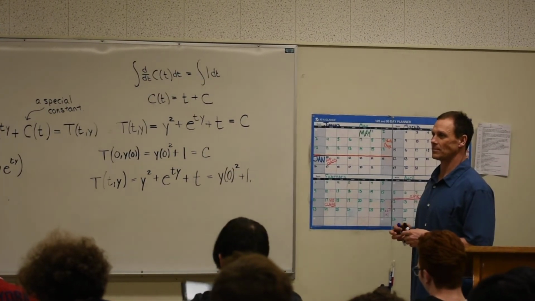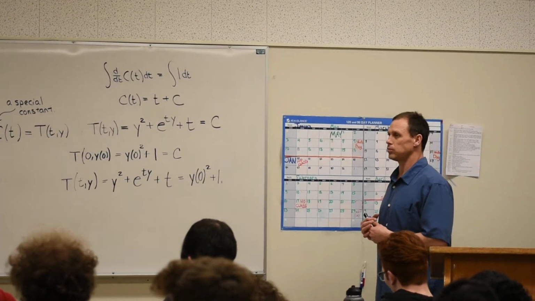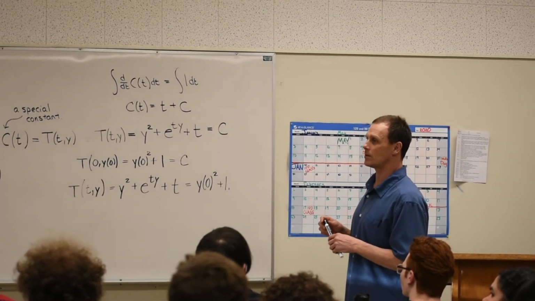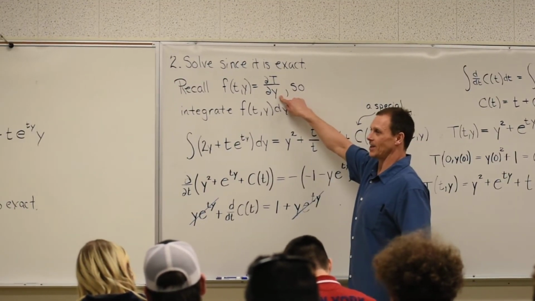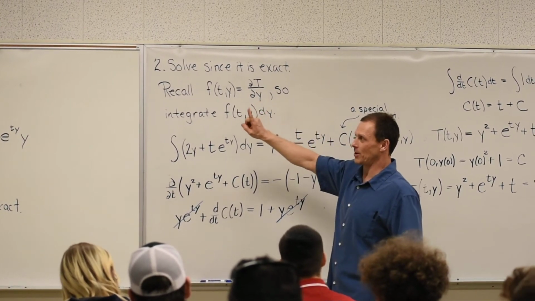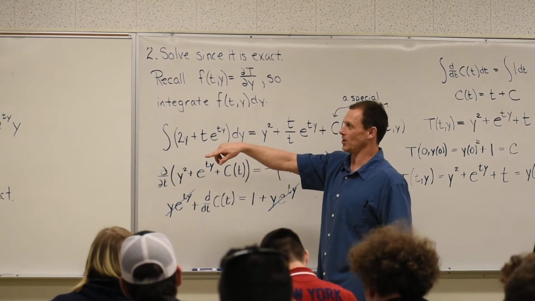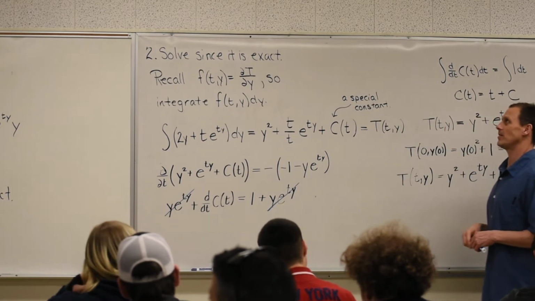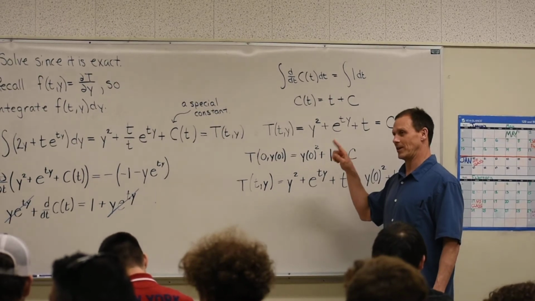So, right there at the beginning where we said recall that f of t comma y equals the partial of capital T. Oh, this part, yeah. Okay. Like, would we have gotten to the same place if we used the other side? Yeah, you would. But remember that minus sign, you're going to need to include that, so you want to use it as minus, and then take the integral of g with respect to t.